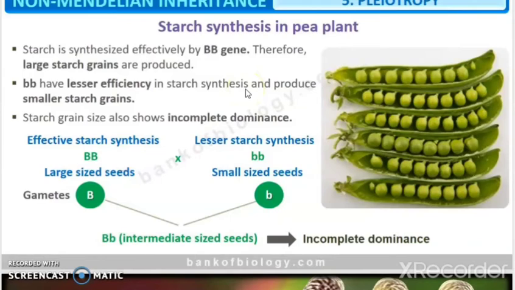They will not be as efficient as capital B, and they produce smaller starch grains.